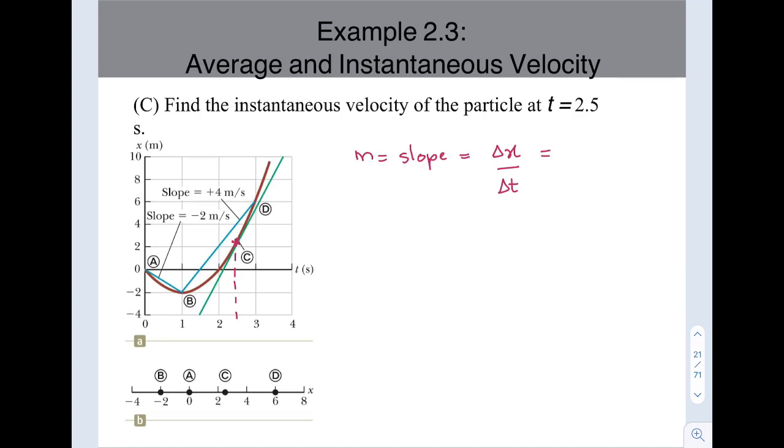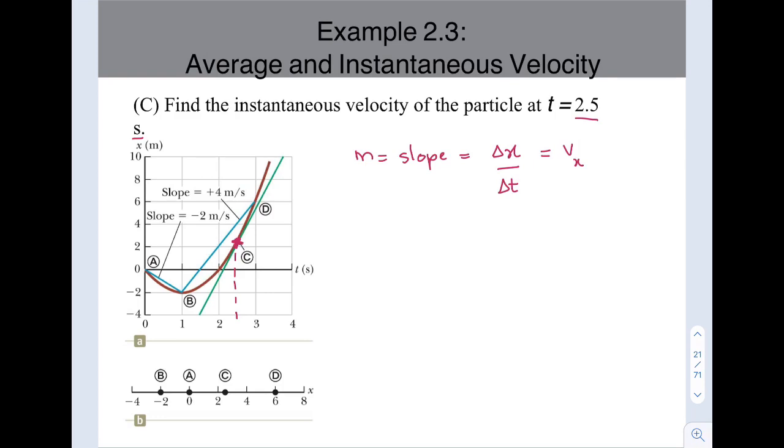So this is actually the velocity in the x direction when t is 2.5 seconds. So you have to take the tangent line for only one position. The approach is you take the tangent line at that particular position, which gives the slope.